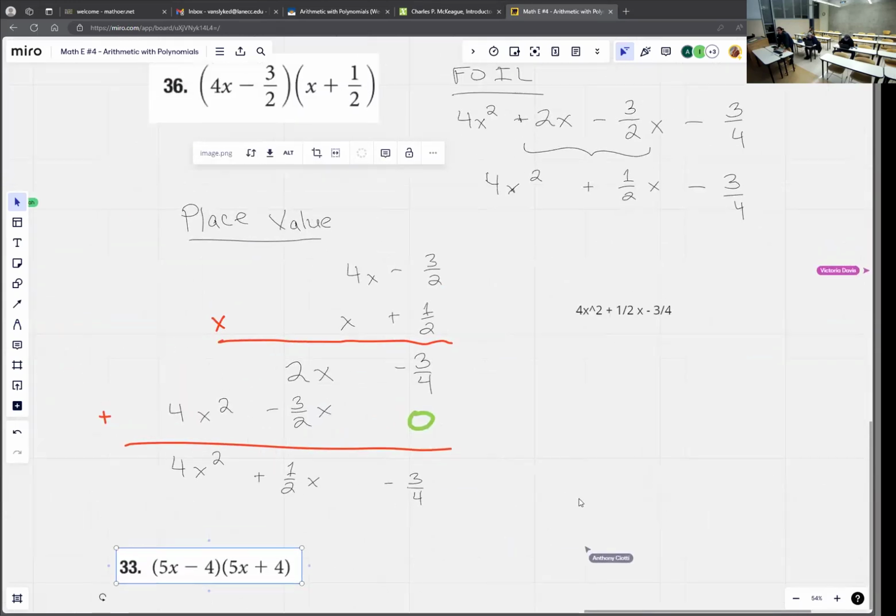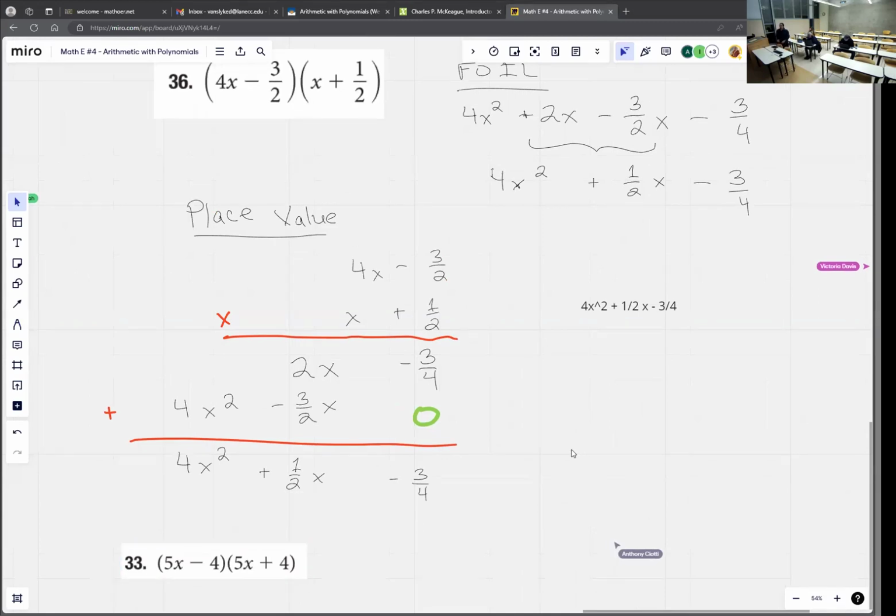Actually, I'll scroll back so that everything is on the board at once. So try 33. If you want, I can do it on the board in a moment, or we can all look at our papers and say, yeah, that's good. And then we'll take our break, and when we come back, we'll do a little bit with division and then move on to the next topic.